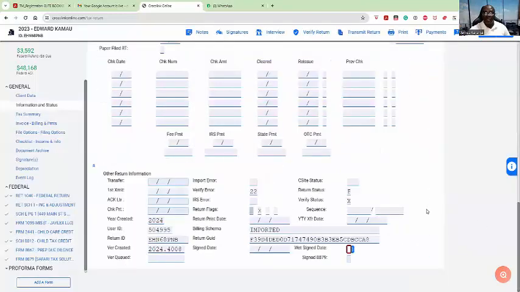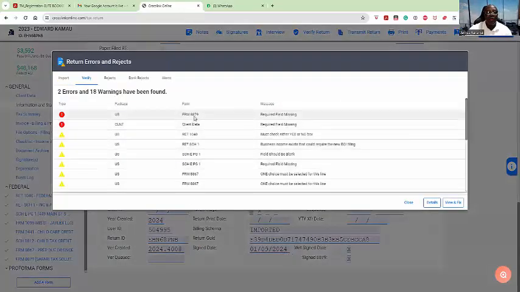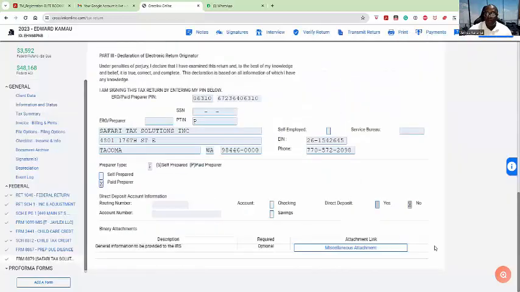Let's find out what is needed. Are they going to sign? The date when they are going to sign is today. 01. Okay, we got that taken care of.